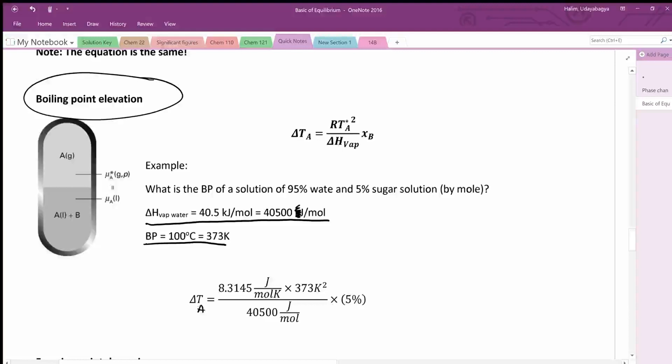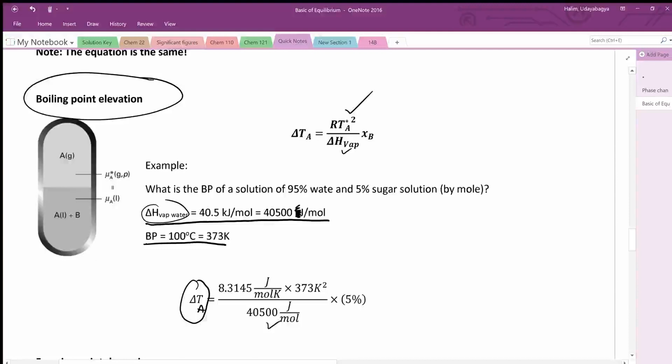Well, this is just the first step. The change in the boiling point is R, so 8.3145, you want to use the one that has joules in it, times the initial boiling point, 373 Kelvin. Don't forget to convert it to Kelvin. So we're putting that information there, divided by the enthalpy of vaporization, so 40,500 joules per mole.